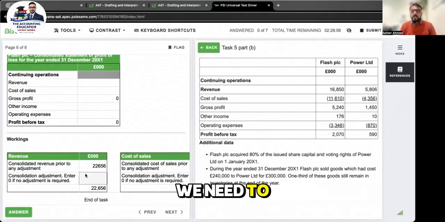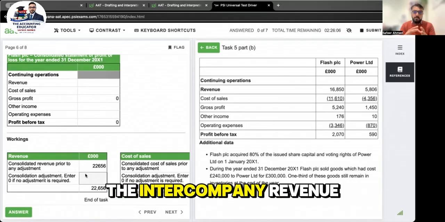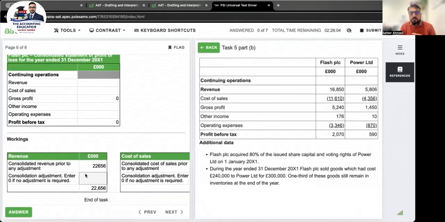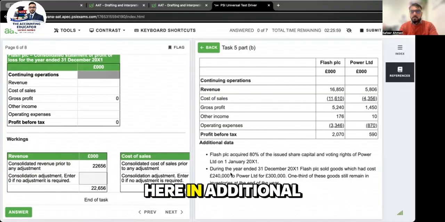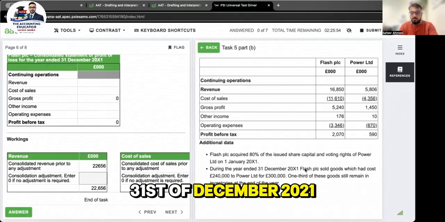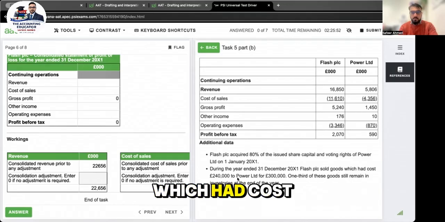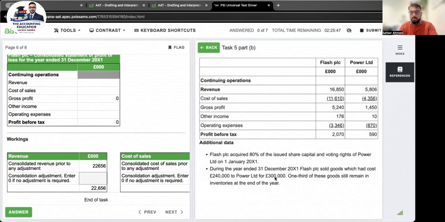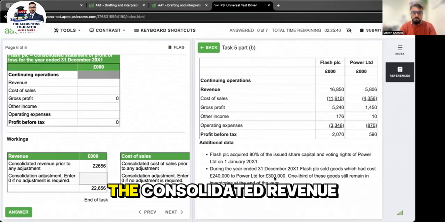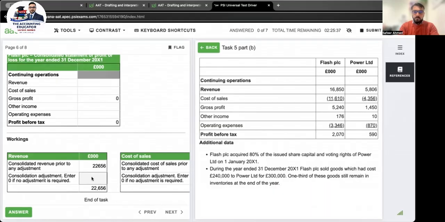And the adjustment we need to make is, of course, to remove the intercompany revenue, intercompany sales. If you look at the second bullet point here in additional data, it says during the year ended 31st of December 2021, Flash PLC sold goods which had cost 240,000 to Power Limited for 300K. So that 300K revenue is intercompany revenue. What we need to do is remove it from the consolidated revenue, and that is 300.